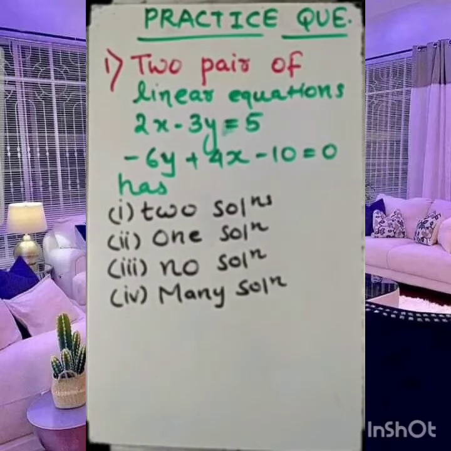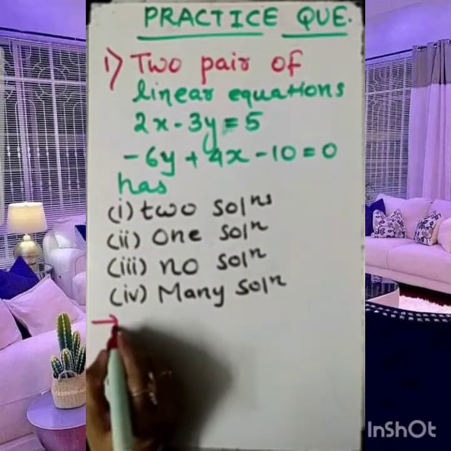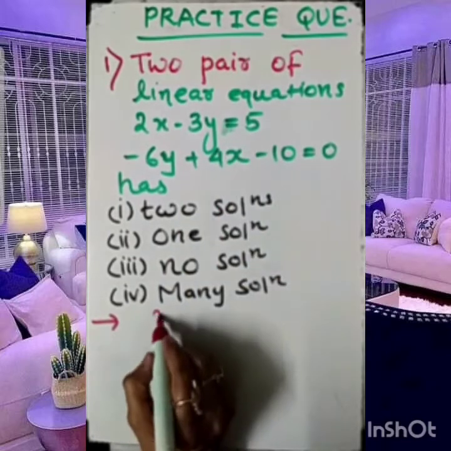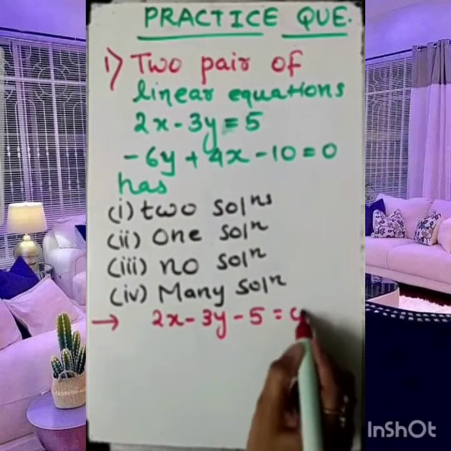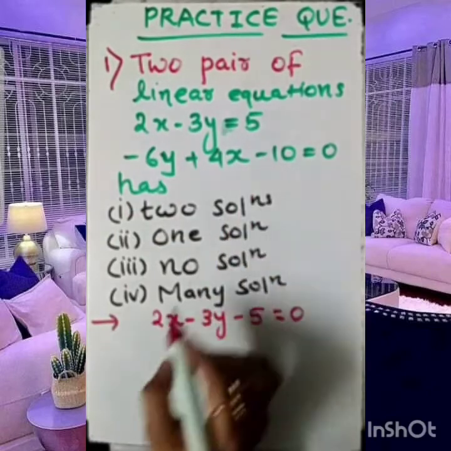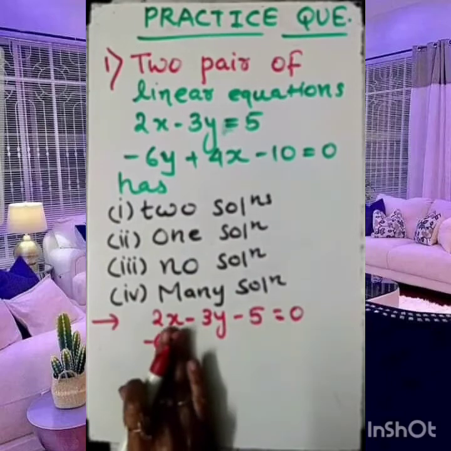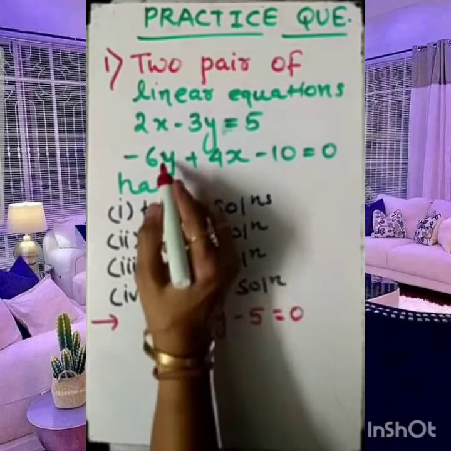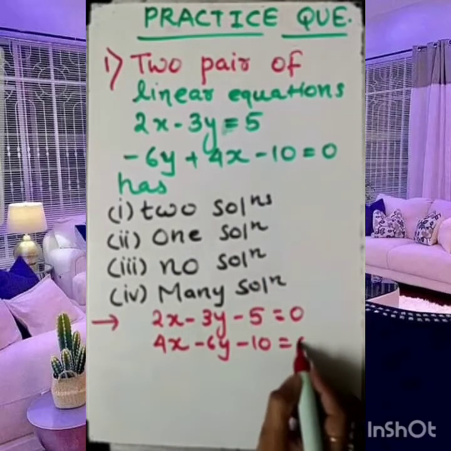So let's see how to solve it. First of all, we are going to convert them into the general form. So it is 2x minus 3y minus 5 equal to 0. Now the other equation: I am bringing 4x first, writing the x term first, then minus 6y, and minus 10 equal to 0.